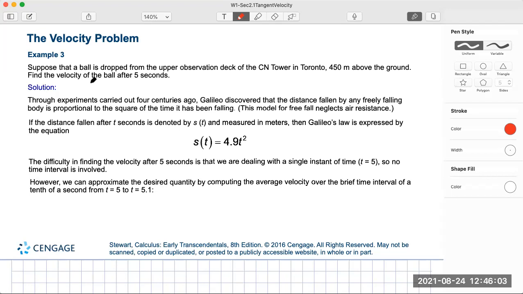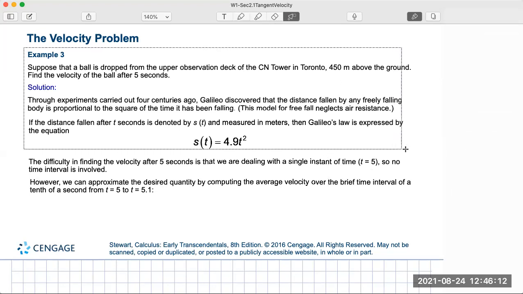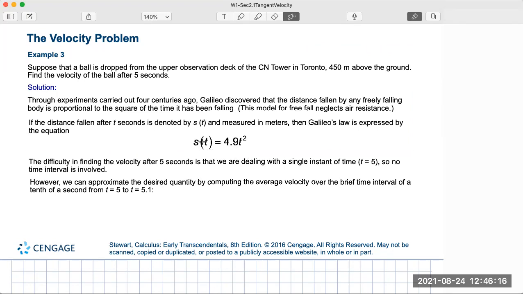And find the velocity of the ball after 5 seconds. Okay, this is the problem. And we accept the fact that it is given by the formula here. The distance, as a function of time, will be 4.9 t squared, where t is time. Okay.